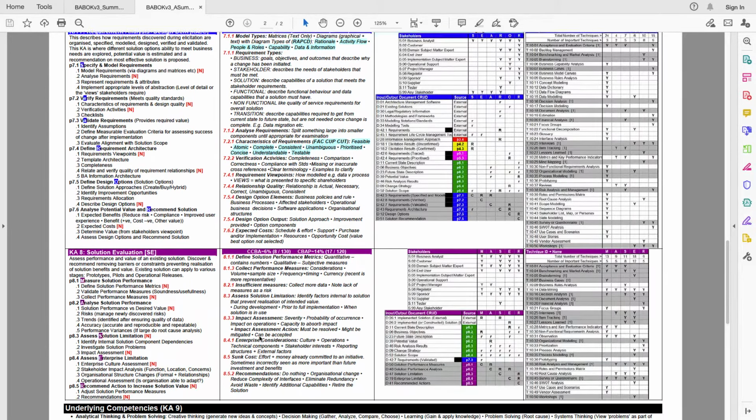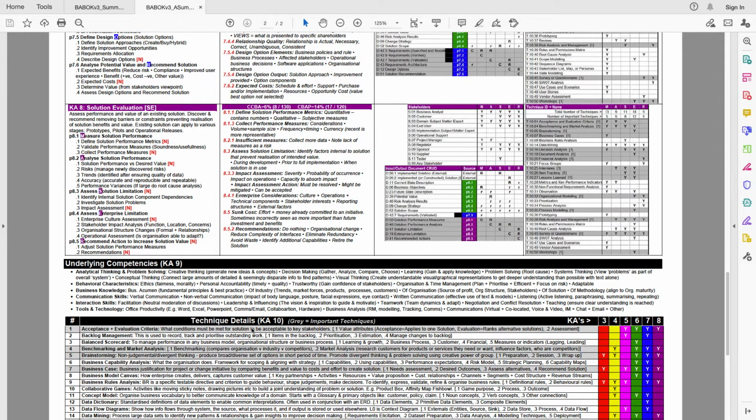So after you've gone through the 8 knowledge areas, you have the underlying competencies, which are very, very simple. And these are the areas that you would focus on in terms of understanding the underlying competencies. In your exams, you are asked questions around those competencies.